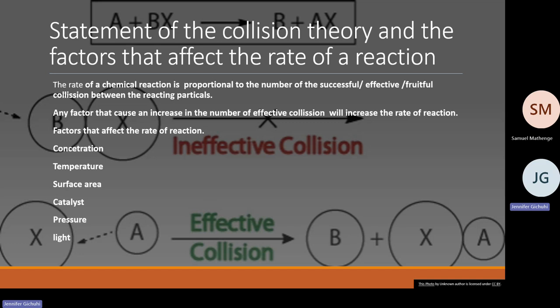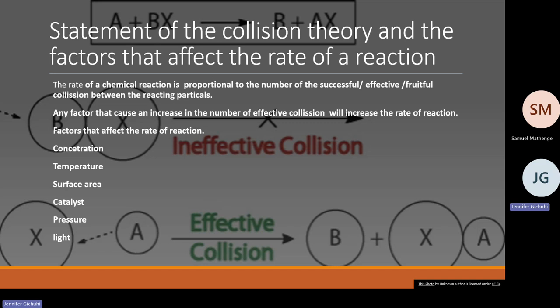So you cannot explain the issue of the rate of a reaction without talking about the successful collisions. Now, there are some factors that may cause an increase in the number of effective collisions.